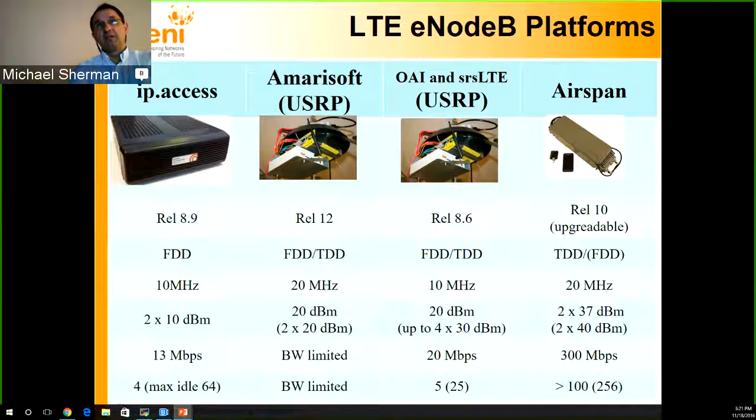As part of GENI Wireless, we have two more base stations, eNodeBs, that are purely software-based. Those are these two middle columns: Amarisoft, which is a USRP-based SDR implementation of LTE, as well as OpenAirInterface and srsLTE, which are the other two implementations of the LTE standard done in software.